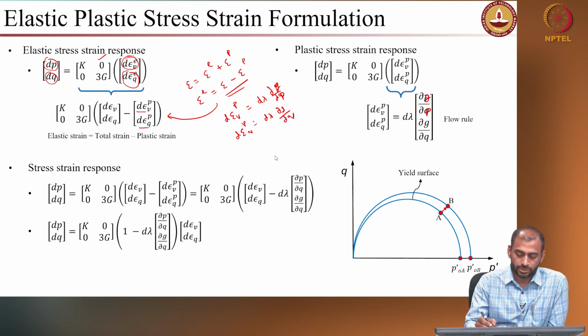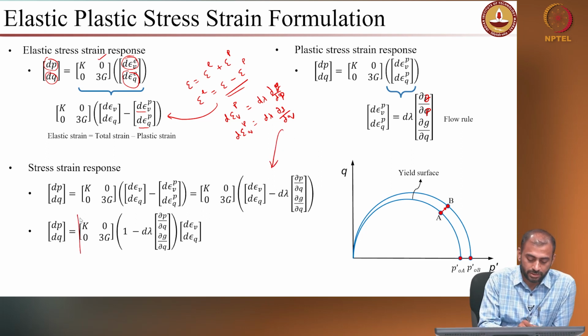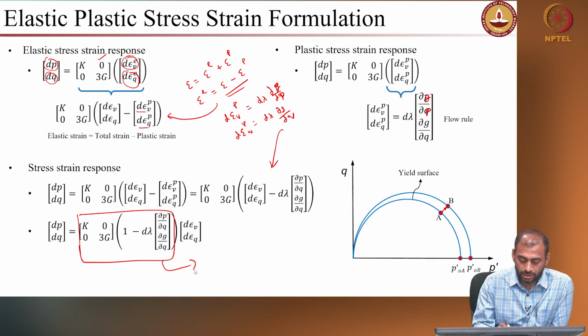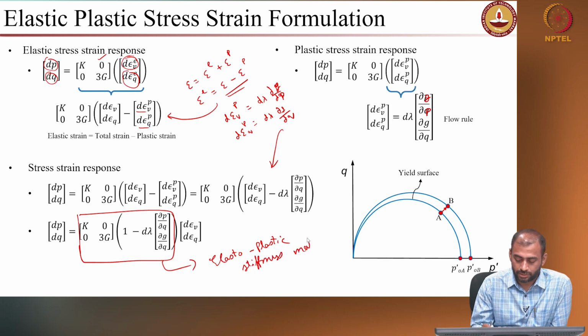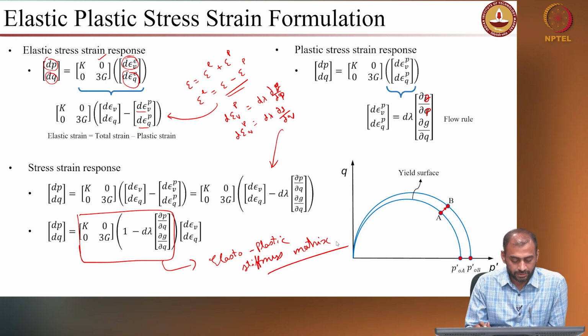If you have this, you just try to put this in this equation and try to form this elastoplastic stiffness matrix, right. So, you need to determine this elastoplastic stiffness matrix, right.